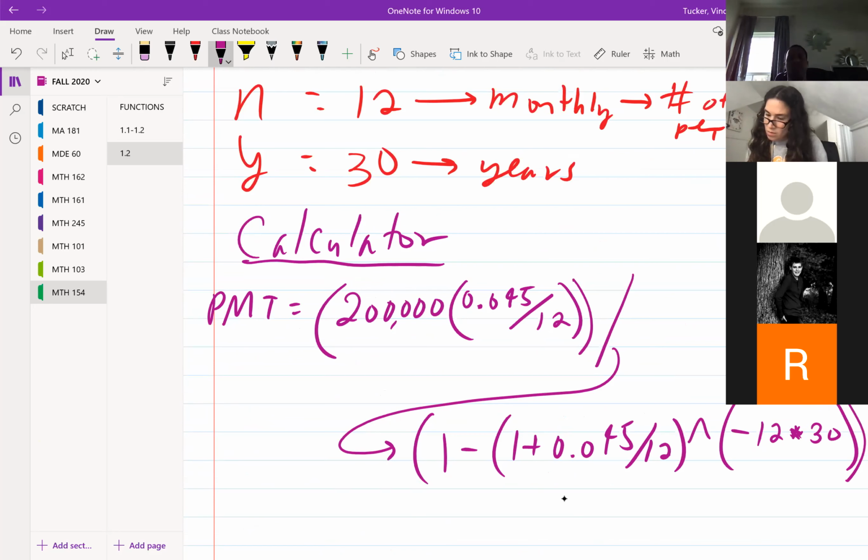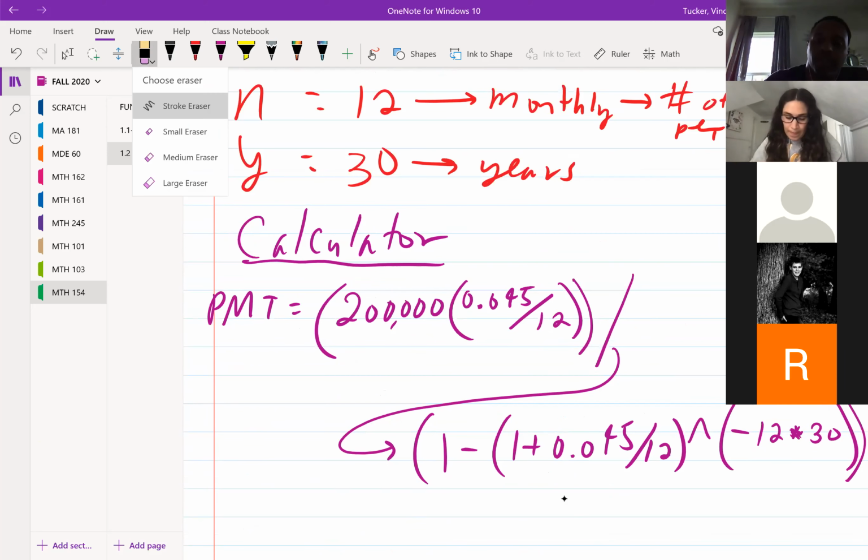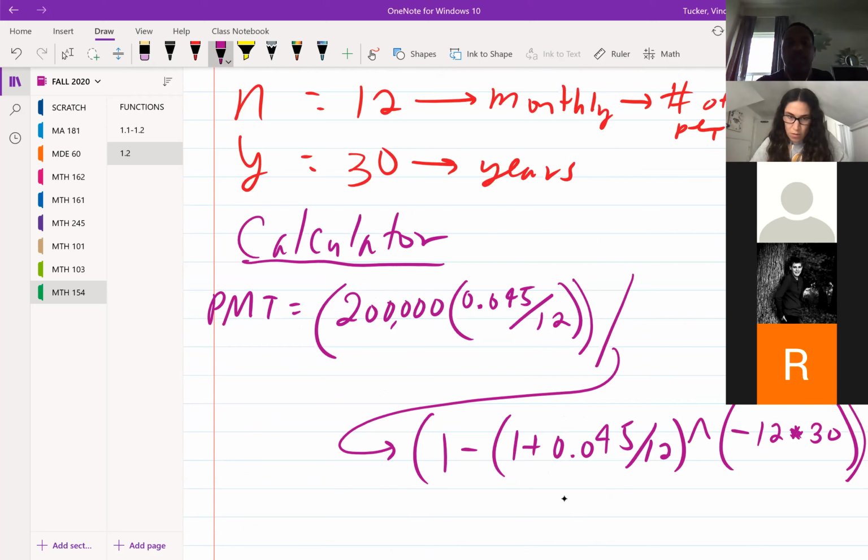All right. So you can put this formula in a calculator like this, and it should work for you. So notice what we did in comparison to the formula.